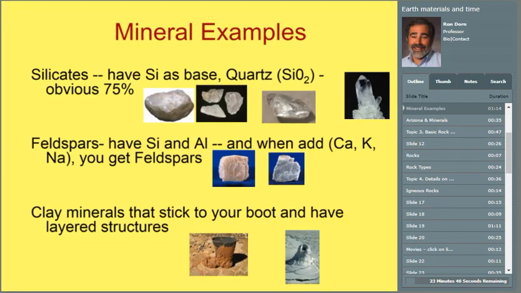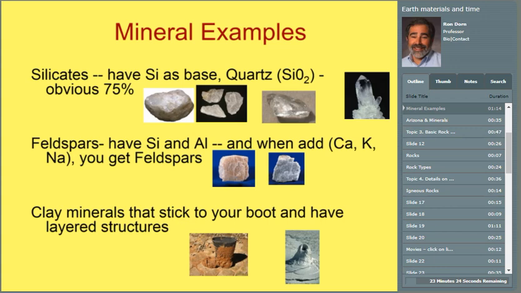Here are a few examples of minerals that I'll discuss in the context of different lectures. Silicates are minerals that have silicon as a base and oxygen. Quartz is an example of a very common silicate mineral. Another example of a very common silicate mineral would be a feldspar.